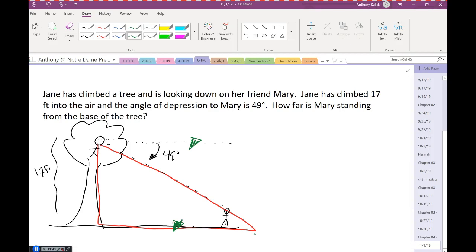So if I have two parallel lines cut by a transversal, this angle here and this angle down here are alternate interior angles. So I know that that angle is also 49 degrees. Do you remember alternate interior angles?